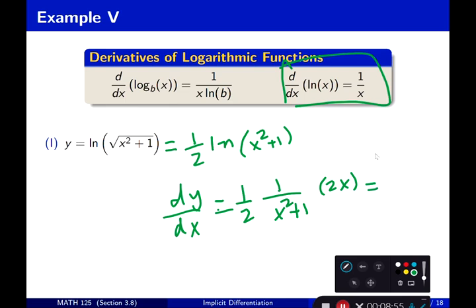So the entire thing becomes x divided by x squared plus 1. The other way that we solved it would also end up, after cleaning up, to be x over x squared plus 1.